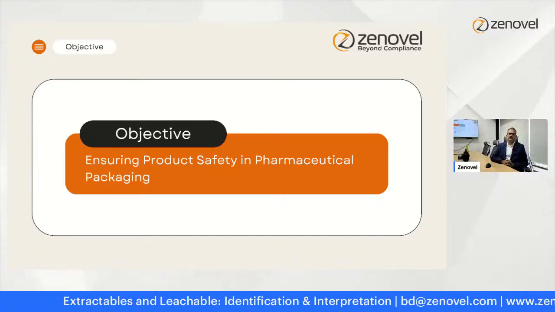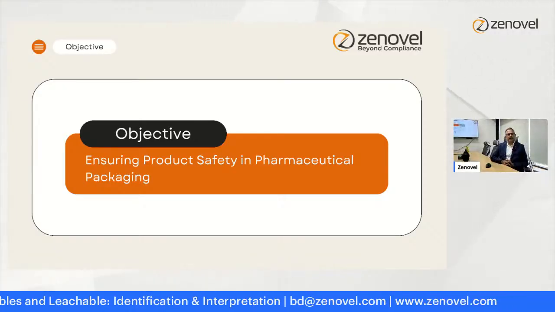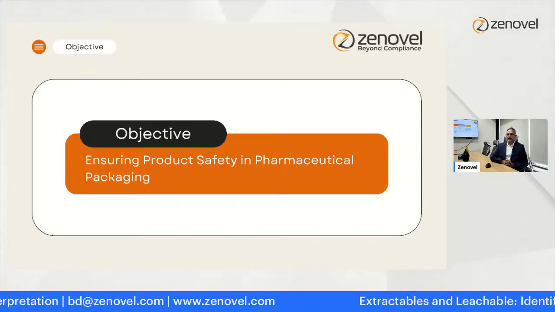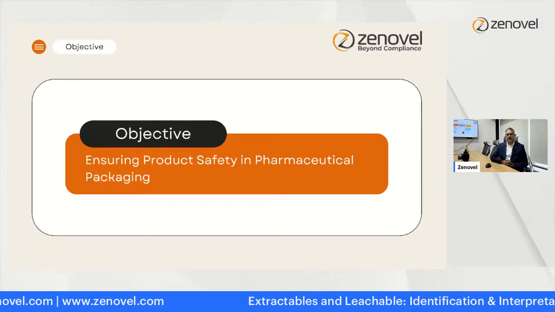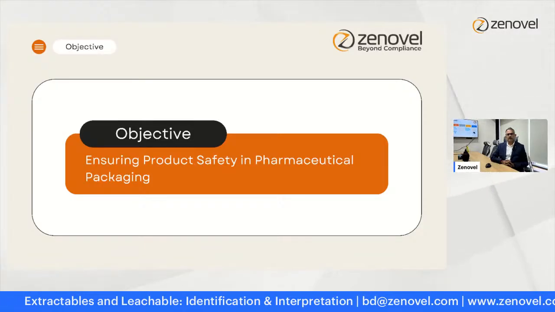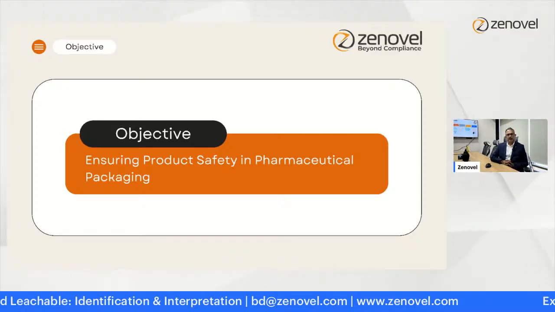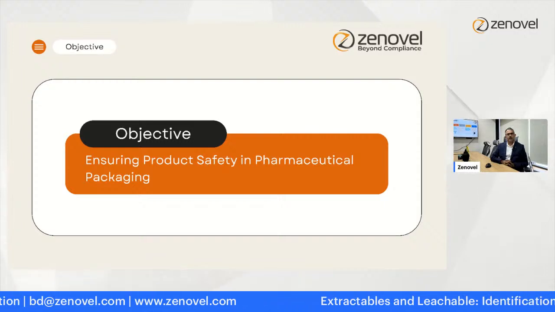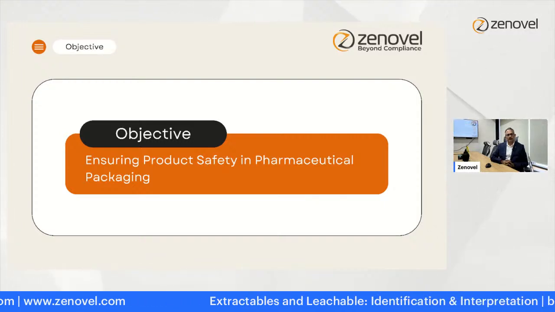Thank you, Milan. The objective is to ensure product safety in pharmaceutical packaging. Nowadays we are hearing that many products were taken back from the market after post-market approvals. Even for these products, during method development, all the toxicity data were generated and no toxic impurities were found.